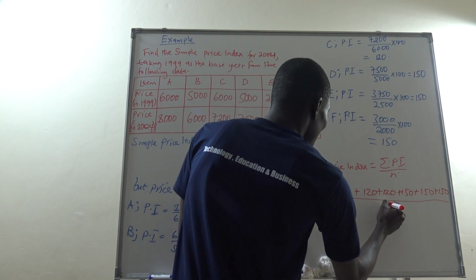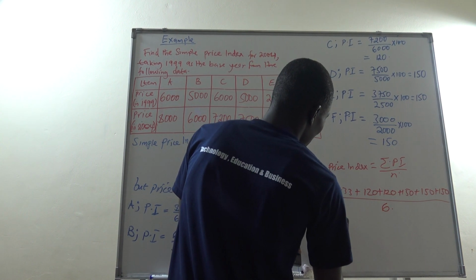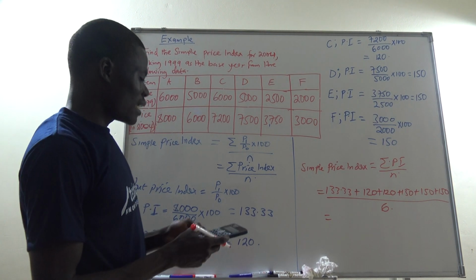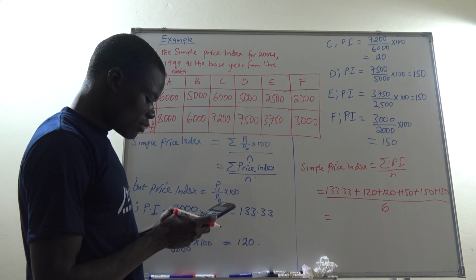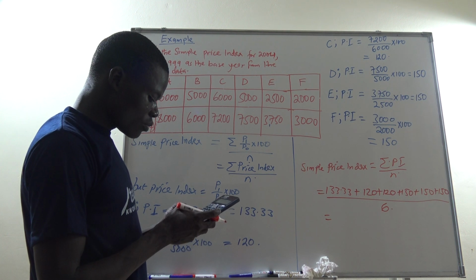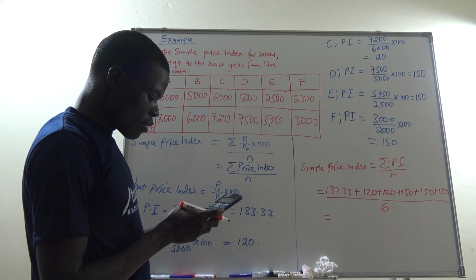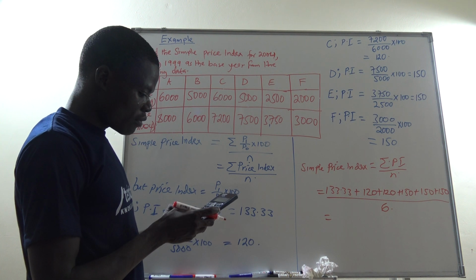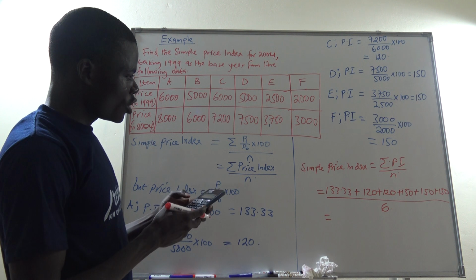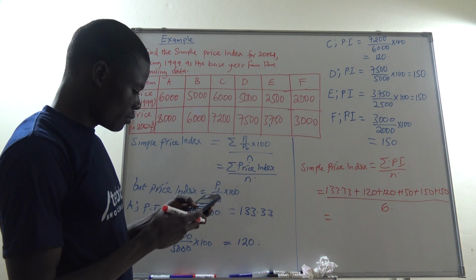So divided by 6. This will give us our simple price index.